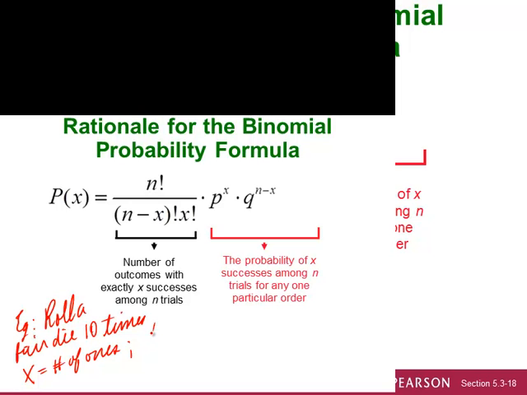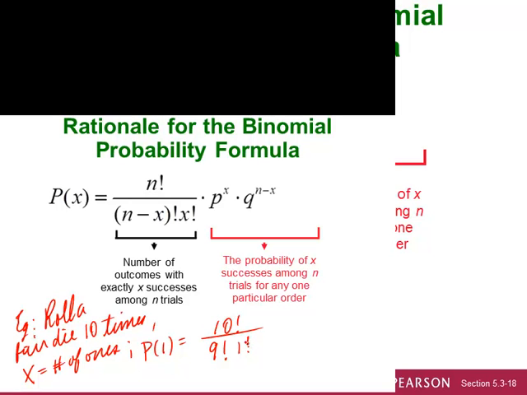Now, the probability of rolling one 1 is going to be what? Well, there are 10 rolls of the die, so we have 10 factorial divided by: there's going to be 9 rolls of the die that do not roll a 1, so 10 minus 1 is 9, and then we have 1 factorial.